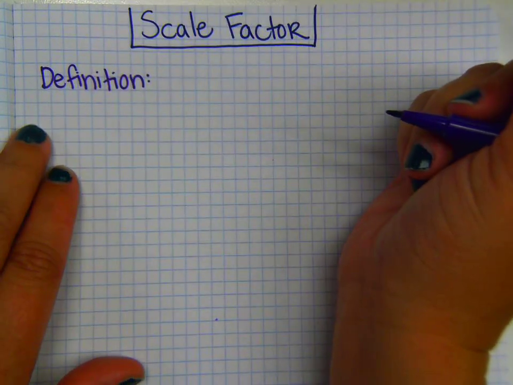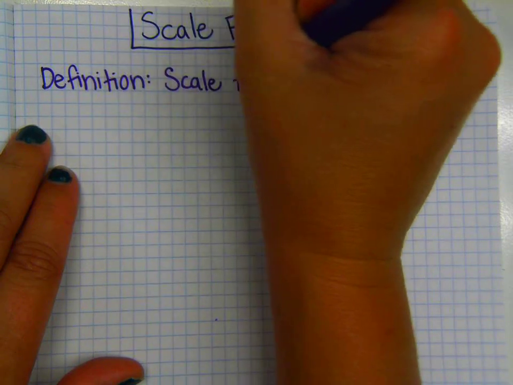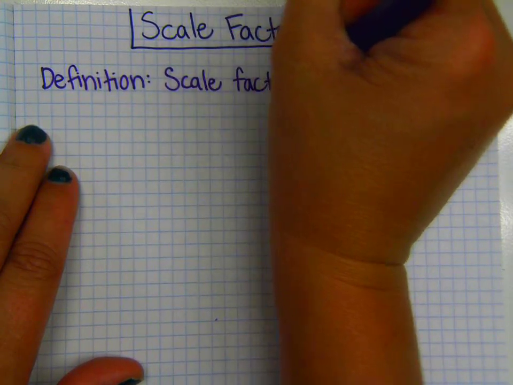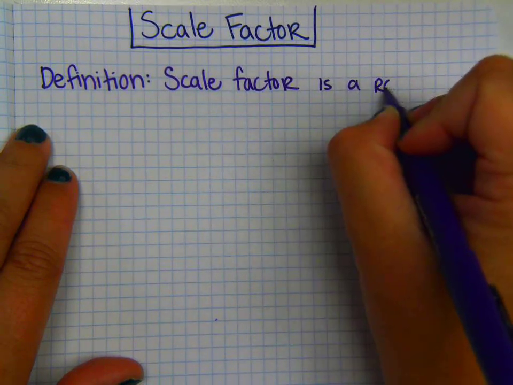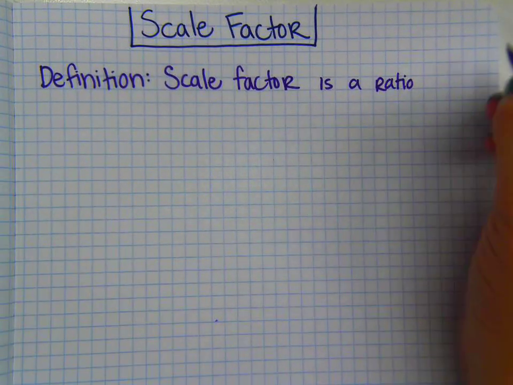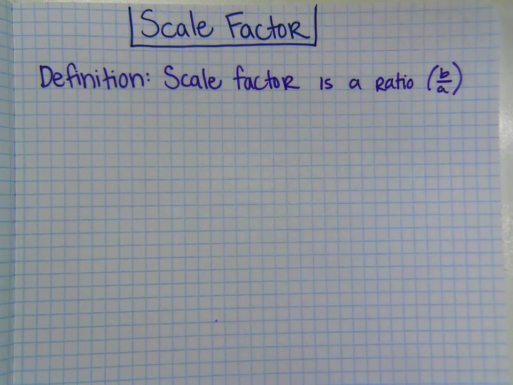So the definition of scale factor is a ratio, B over A. That's an example of a ratio.